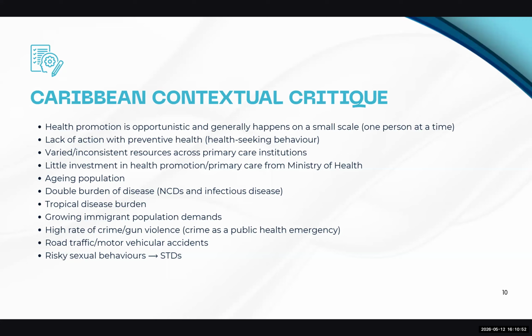And lastly, risky sexual behaviors leading to STDs, road traffic accidents, and lack of infrastructure. To support these needs, they add more complexity to the existing healthcare challenges. Understanding all of these factors, though, is important as we move forward to discuss the potential solutions. So let's just keep that in mind when we look at how we're going to address these problems effectively.